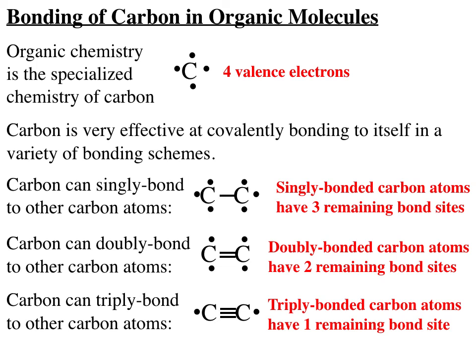Let's say a little bit about the particularly important bonding schemes that carbon takes, particularly when carbon forms covalent bonds of carbon to carbon. Carbon is the most prolifically covalent bonding material in our known universe. It bonds very efficiently to itself in a wide variety of ways.